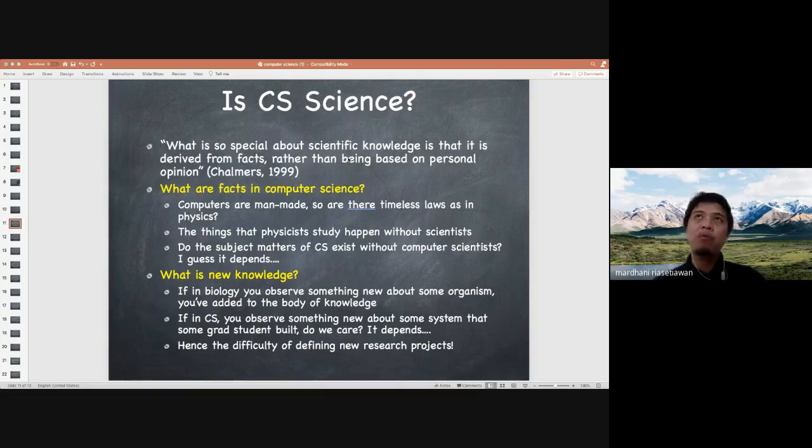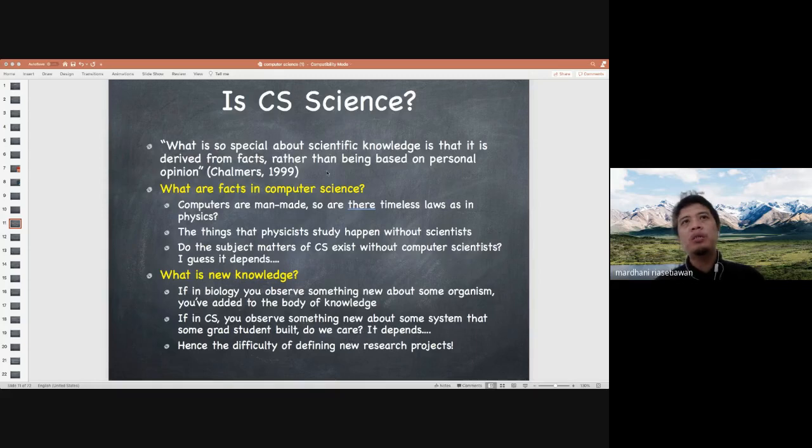We cannot just say, okay, today I saw something new in the street when I went to campus, and this is something new in a scientific way. It can't be that. It needs to be assessed with the scientific method, so that the fact can be accepted by other people in the scientific area, and then we agree that it is new knowledge. That is what we want to discuss.